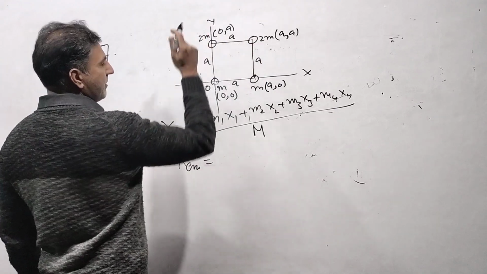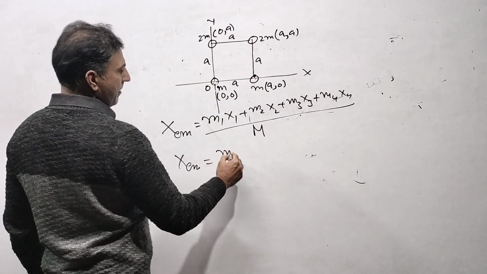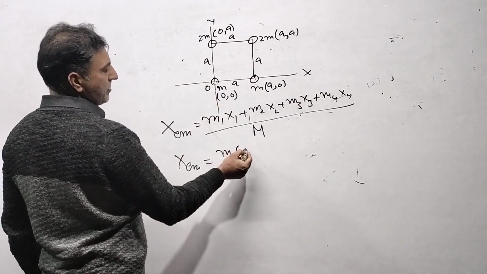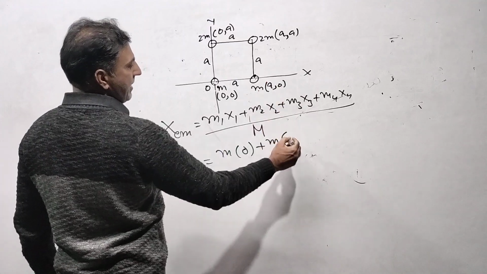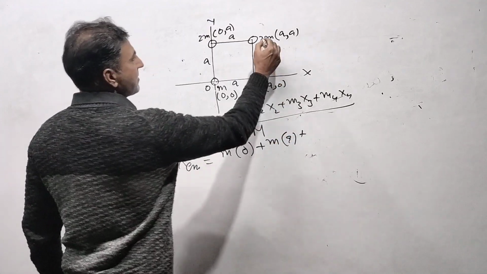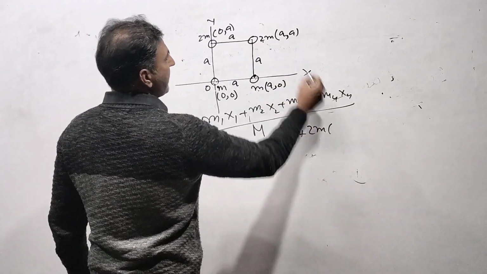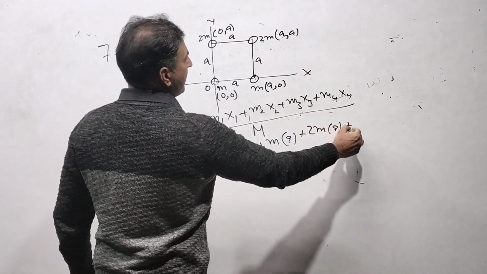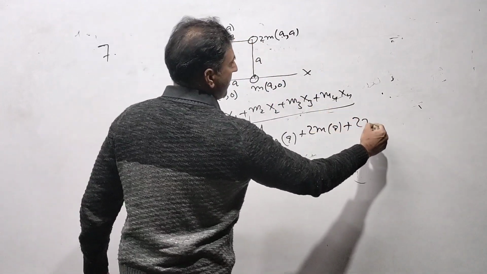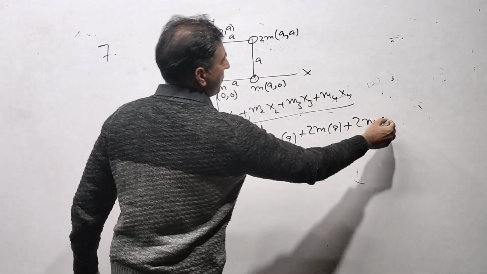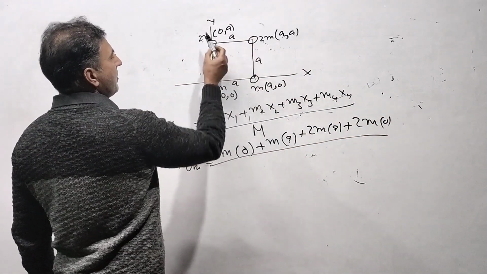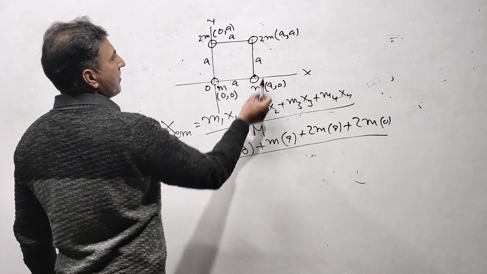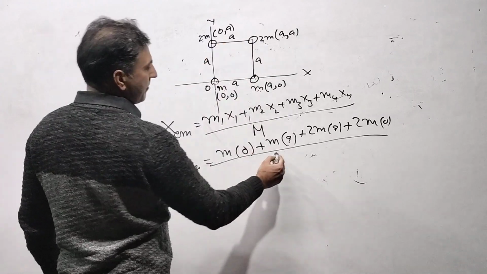M1 is M. What is its x coordinate? That is 0. Plus M2, that is M. What is the x coordinate? That is A. What is M3? That is 2M. What is its x coordinate? That is A. What is M4? That is 2M. What is its x coordinate? That is 0. Divided by total mass. M, M, 2M, 2M, that is 6M.